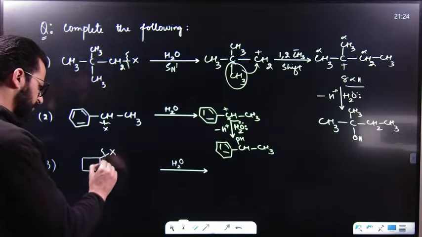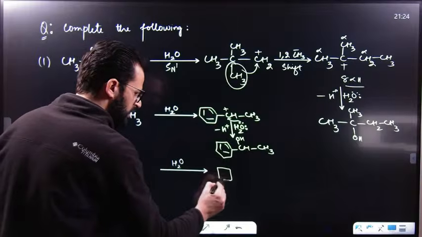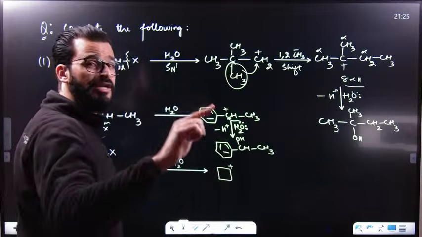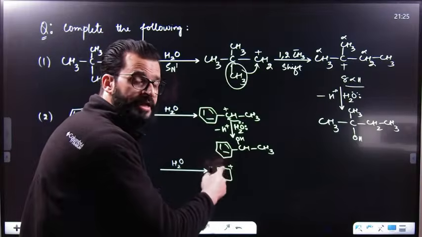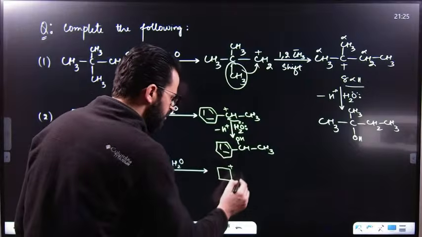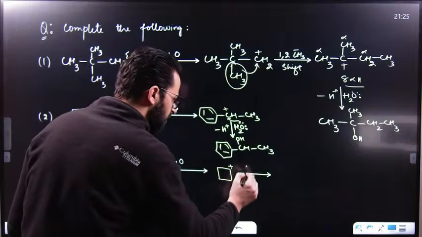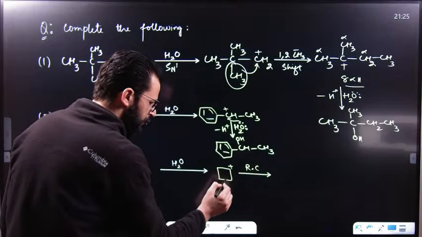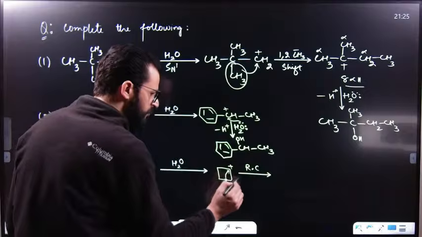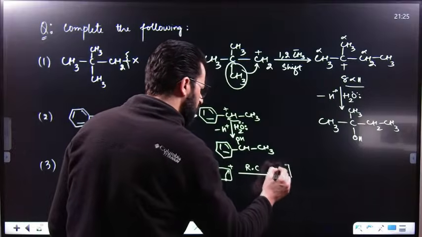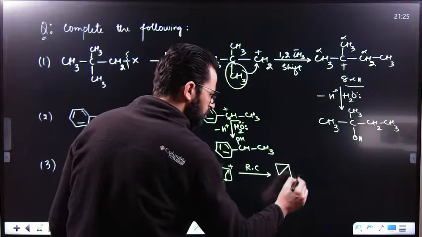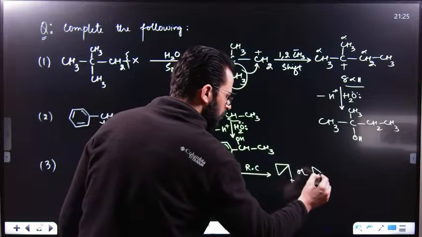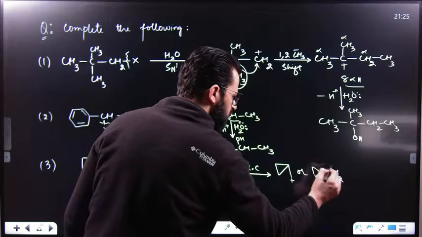Now here, first of all, it will form this carbocation, and you know, whenever a carbocation is part of a four-membered ring, you have to simply contract that ring, known as ring contraction. So this bond, 1, 2, 3, will be broken and it will result in the formation of a carbocation like this, or we can write the cyclopropyl methyl carbocation in this fashion.